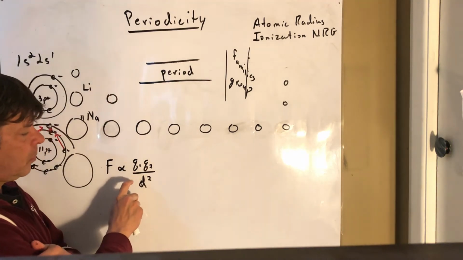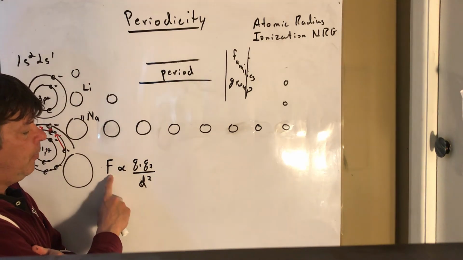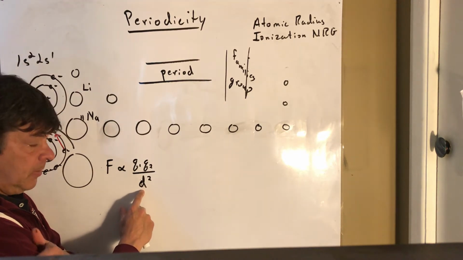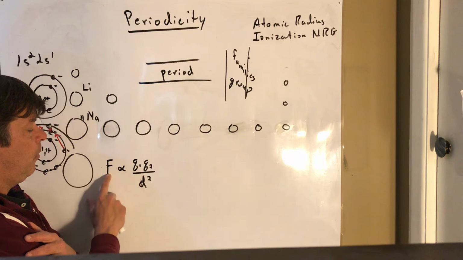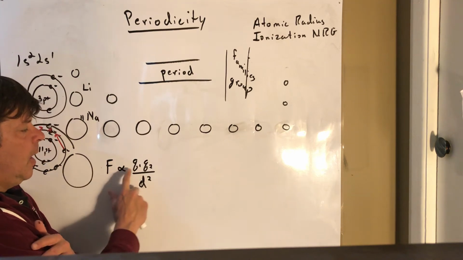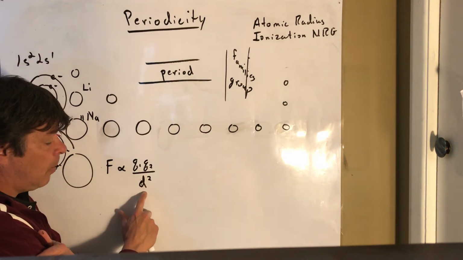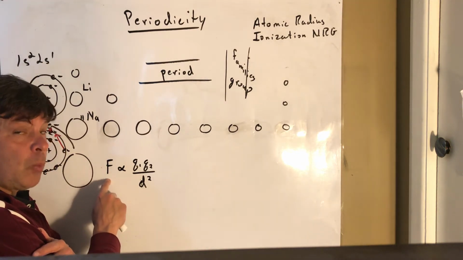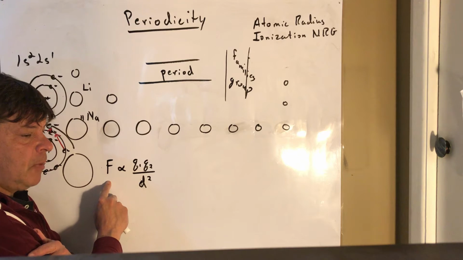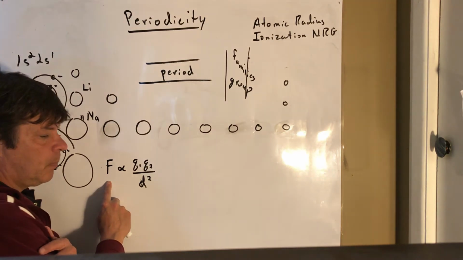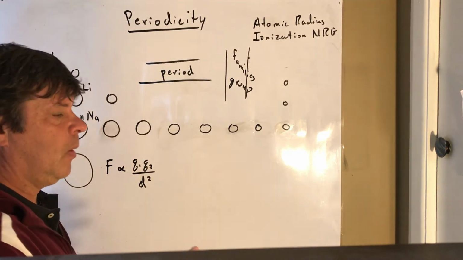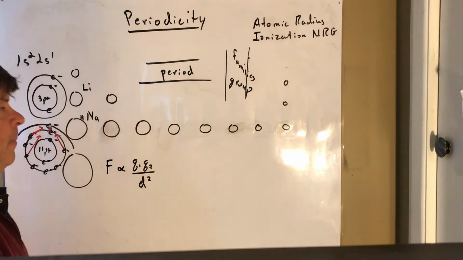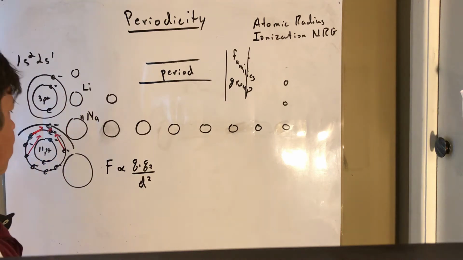If we were to double one of these, it would double the force. If we keep the distance constant and double both charges, it'd be 4 times the force. If we keep the charges the same but double the distance, what happens to the force? Yeah, it's 1/4 as great. It's inverse square law. I'll mention this again in another video when we look at melting points of various ionic compounds.